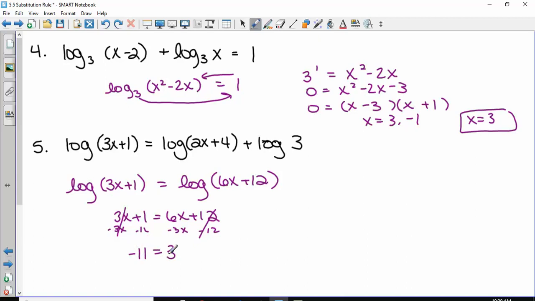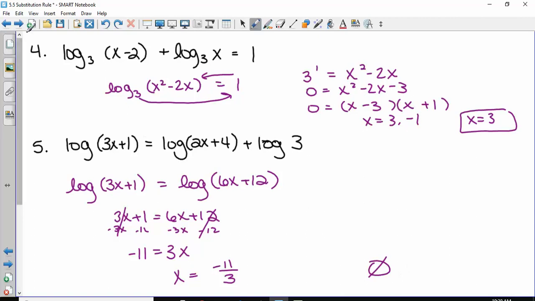So we get 11 equals 3x. x is negative 11 over 3. Does that work? When you put it in, negative 11 over 3 times 3 is negative 11, plus 1 is negative. So if that doesn't work, what do we have to say? No solution.